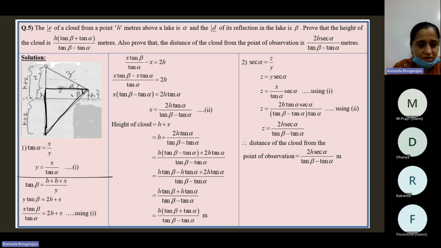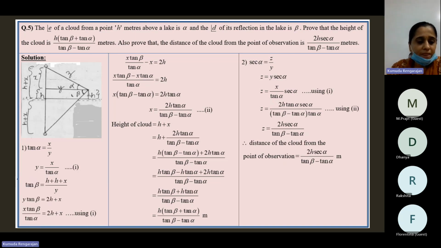This is the triangle in which we have beta, and the opposite side is h from here, and from the surface of the water to the reflection is h plus x. So the opposite side is 2h plus x, by adjacent y.